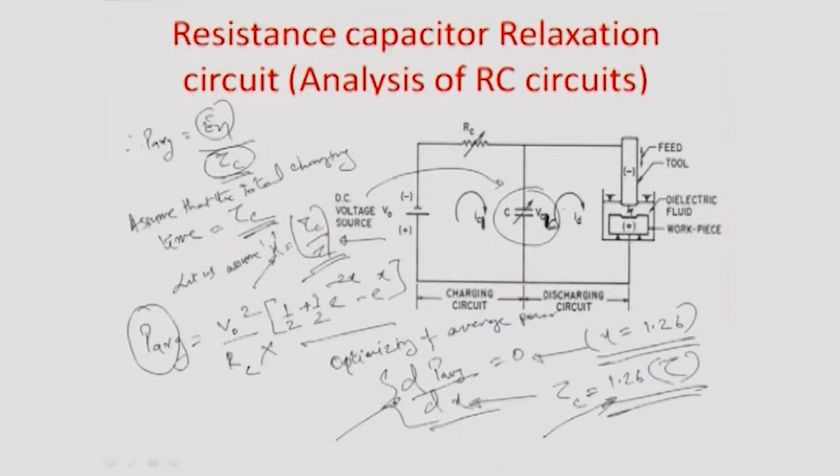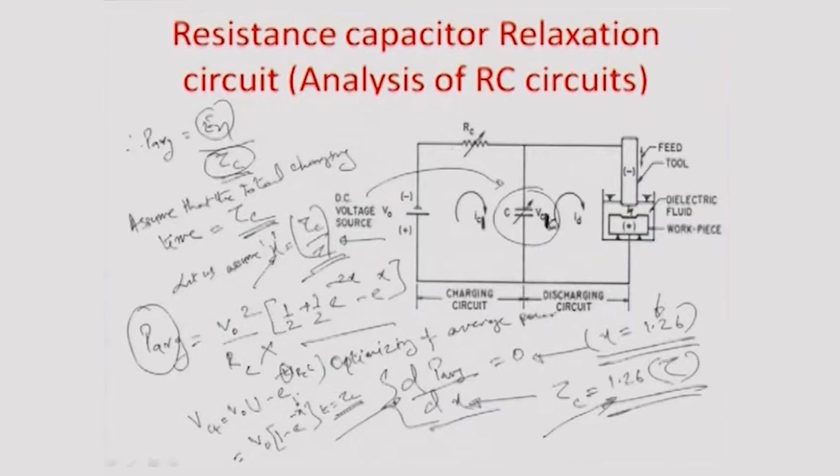So, if we put the value of this 1.26, we can find out what really is the VC(t), or what percentage of the voltage rise we need in the capacitor for this optimum best performance at x equal to 1.26. So, this can be represented as V0 (1 minus e to the power of minus t by RC). We are considering this t to be equal to Tc, the charging time, therefore V0 (1 minus e to the power of minus x).